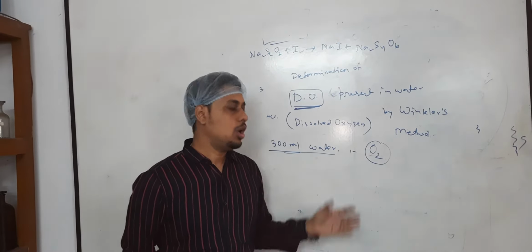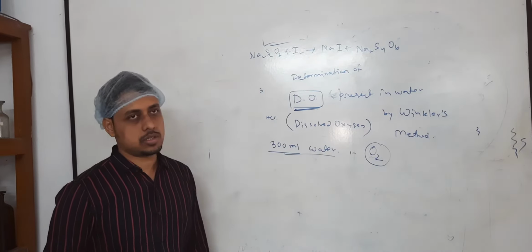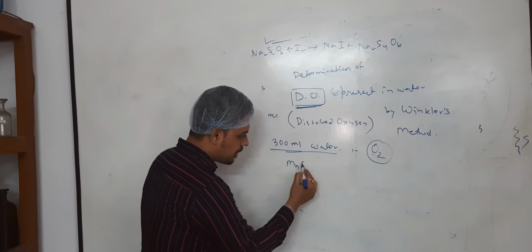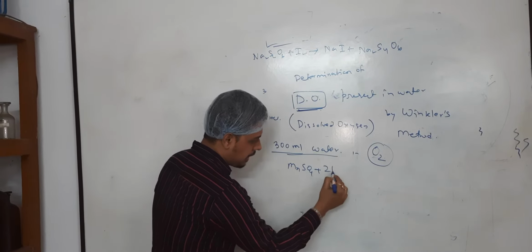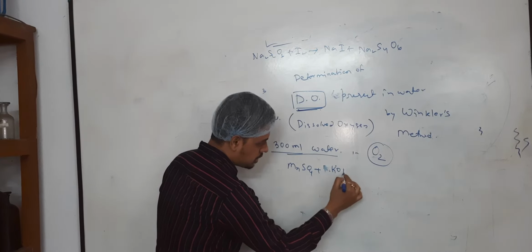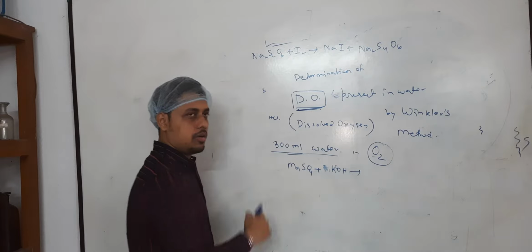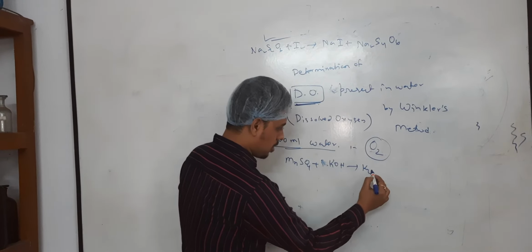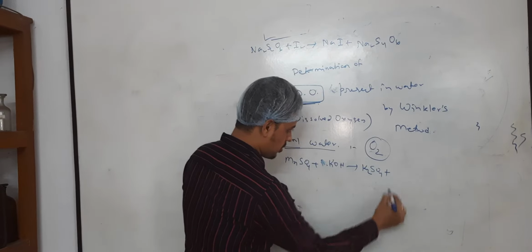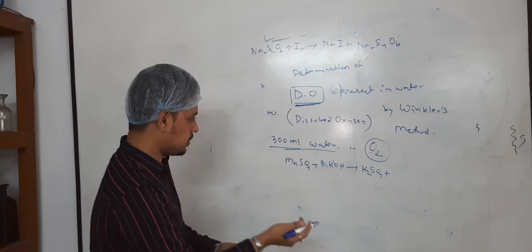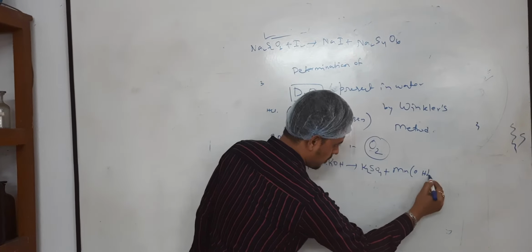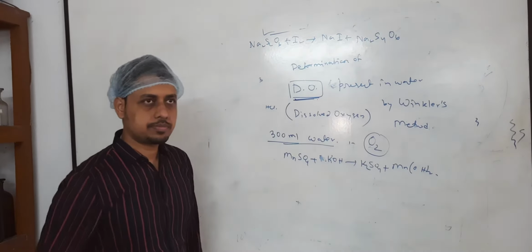Now we will add a series of chemicals to estimate the DO. Initially we take manganese sulfate and potassium hydroxide, which react with each other for the formation of K2SO4 and manganese hydroxide.